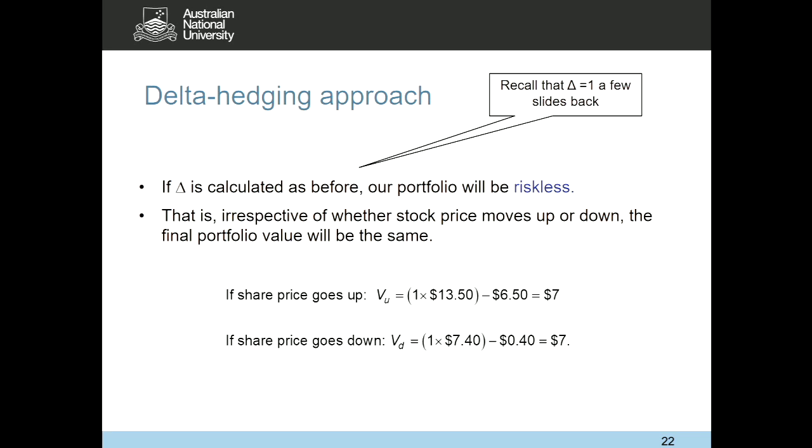Yes, a very good question. So he asked that I set up the question so that the share price will decrease to $7.40 so that we have an ending value of 7. What if the share price decreases to 6? Then we need to do the whole process all over again to work out what the delta is and how much call option to short. Then we get a fixed value.